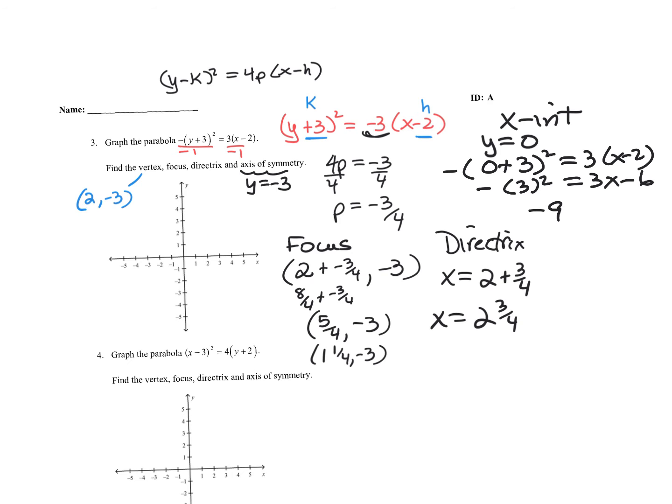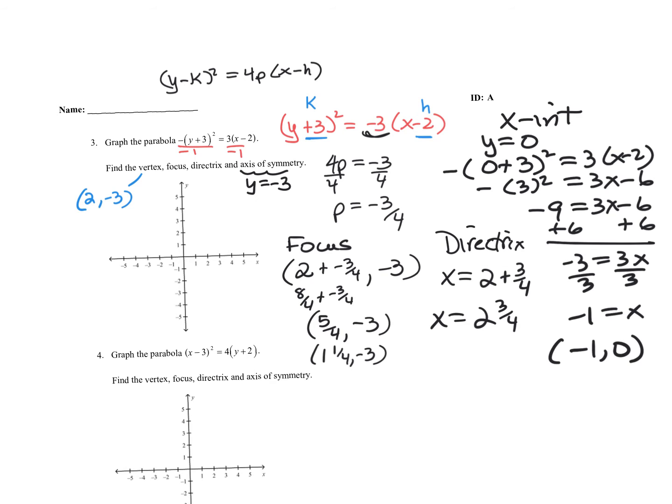This becomes 9 equals 3x - 6. I'm going to add 6. 3 equals 3x. Divide by 3. 1 equals x. So my x-intercept is going to be located at (1, 0). So again, when your vertex is not at the origin, you need to still find that additional point, and the easiest one to find is the intercept.